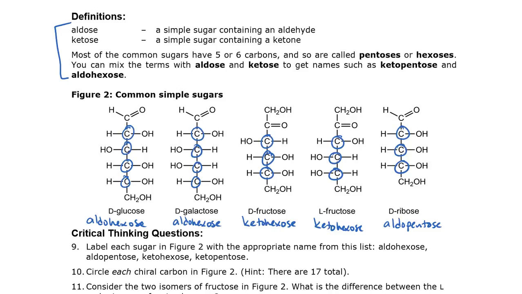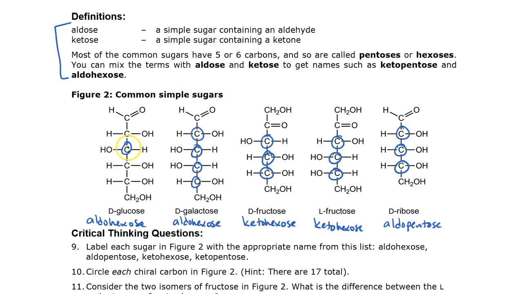So there they are. For each and every one of those circles, I can look at the groups that are attached to it, and there should be 4 different groups. So let me just pick one at random and explain it. Let's pick this one right here, carbon number 3. Let me erase these other ones for the time being.